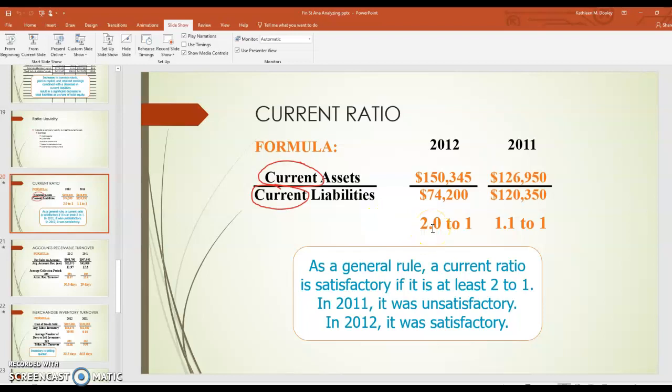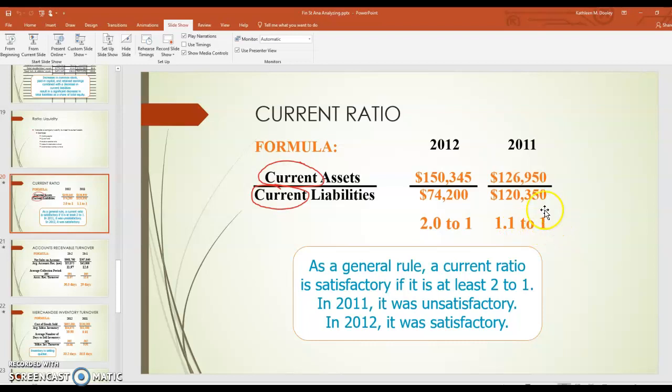The 1 goes to the denominator. So for every $1 of current liabilities that I owe out in the next year, I have $2 of current assets that can cover it. And generally the rule of thumb is that's considered satisfactory. We would like to have a 2 to 1 current ratio. In 2011, when we divided this out, we got 1.1 to 1.